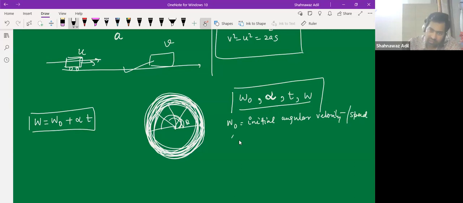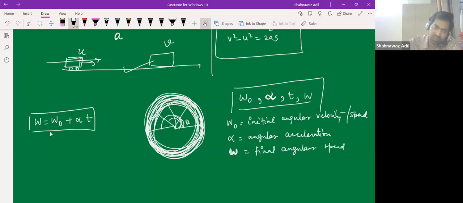And then alpha is angular acceleration, and w or omega is the final angular velocity or speed, right? If we write it in vector form, that would be velocity.